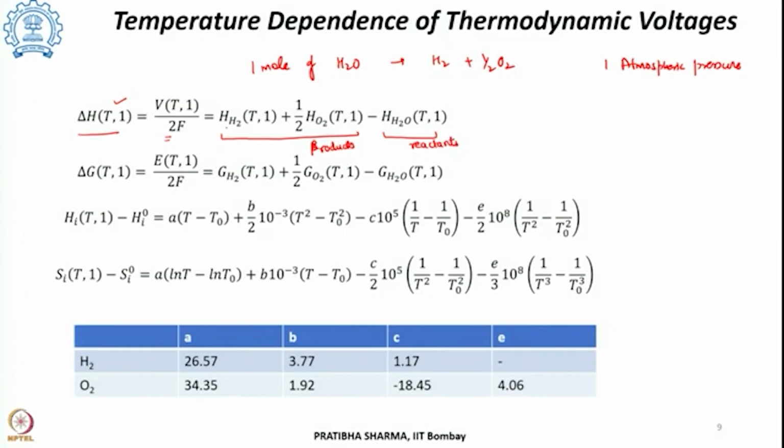So, the enthalpy for hydrogen plus that for oxygen minus that for water.